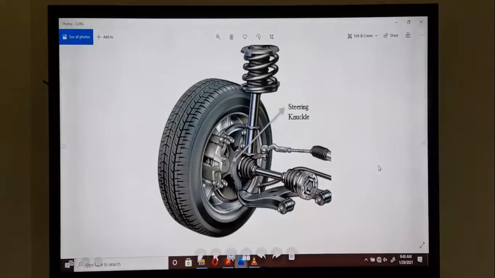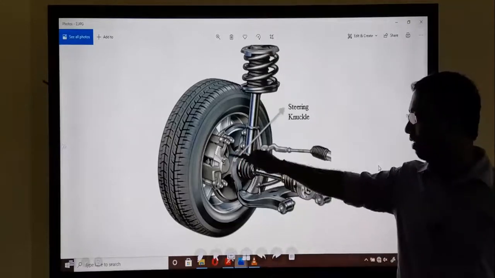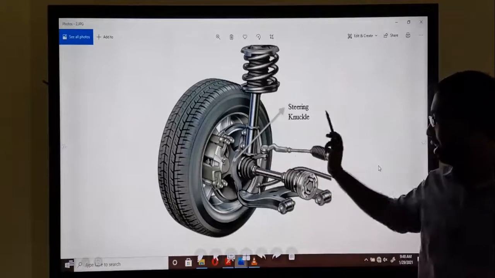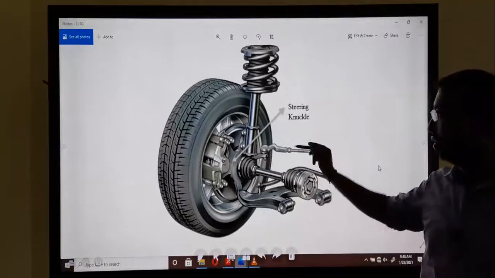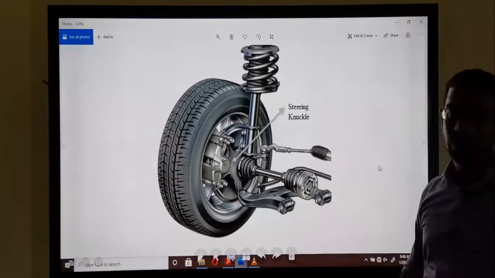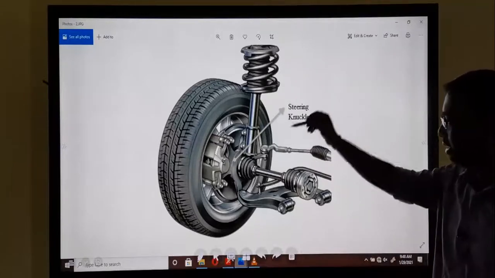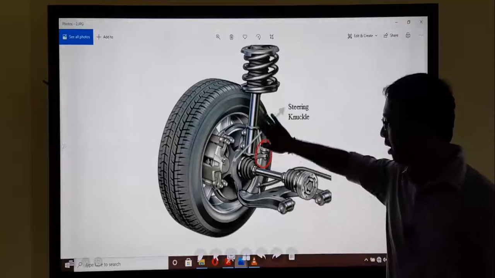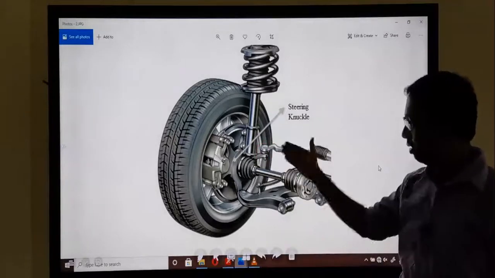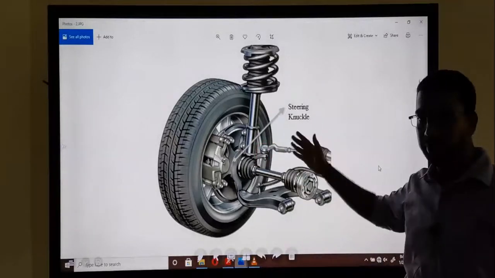So first the steering knuckle connects with the wheel, then the steering knuckle and steering rod are connected by this ball joint. This joint is a little bit flexible.